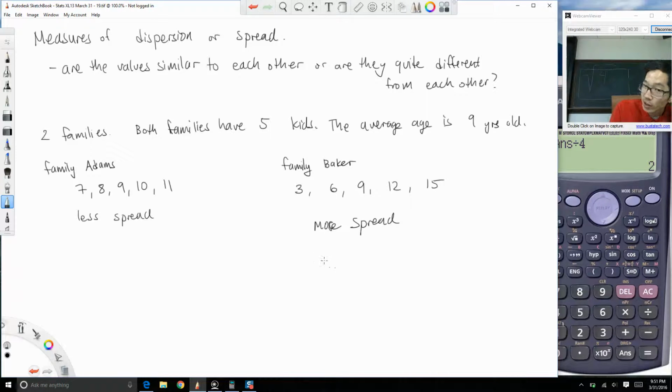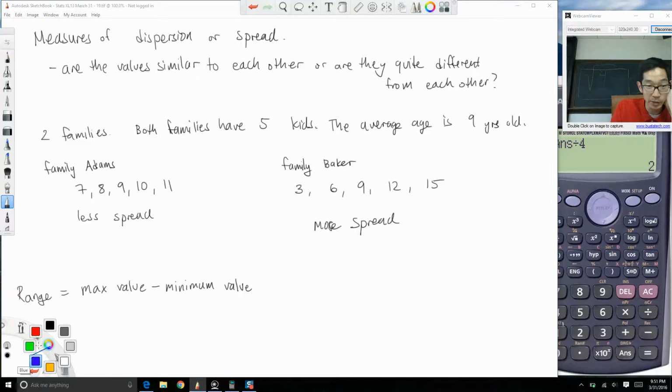To measure spread, we have the range, which is just equal to the max value minus the minimum value. So for the Adams family, the range would be equal to 11 minus 7, a range of 4 years.